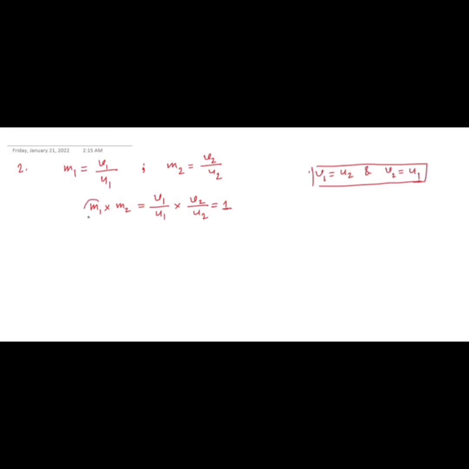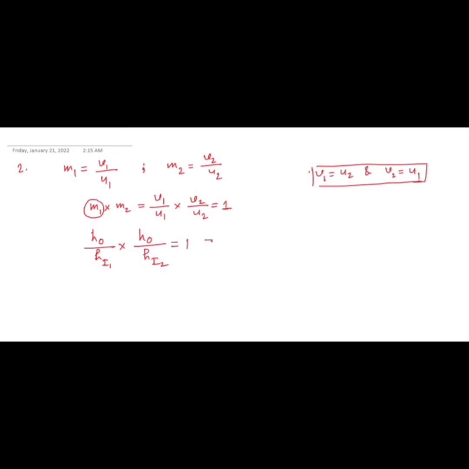So what is m1? m1 is the magnification, that is height of the image 1 by height of the object, multiplied by height of the image 2 upon height of the object. Here hi1 is the height of the image formed when the lens is in position 1, and hi2 is the height of the image when the lens is in position 2. So that is equal to 1.